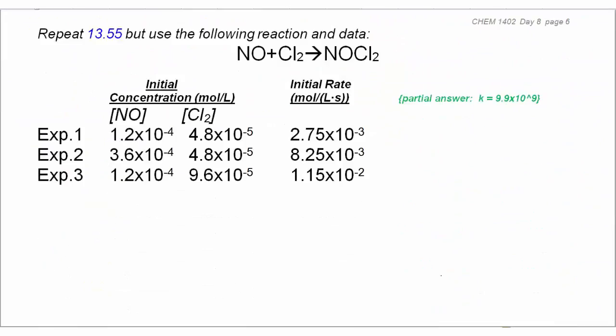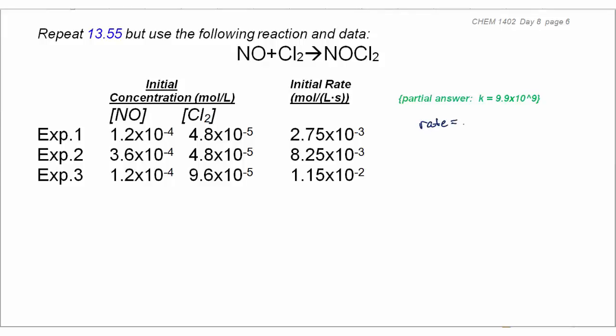Okay. So let's do the same thing, but now we have a different reaction, a different set of data. So we want to get the complete rate law. So that means even getting what K is. I think it's best to write that general rate law first, so it kind of gives you a hint what you're doing.